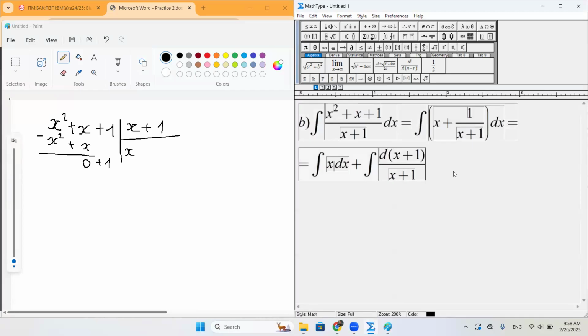And now we integrate it. So in the first case, 1/2 x to the power of 2 plus logarithm of the modulus of x plus 1 plus c. So any questions about this exercise?